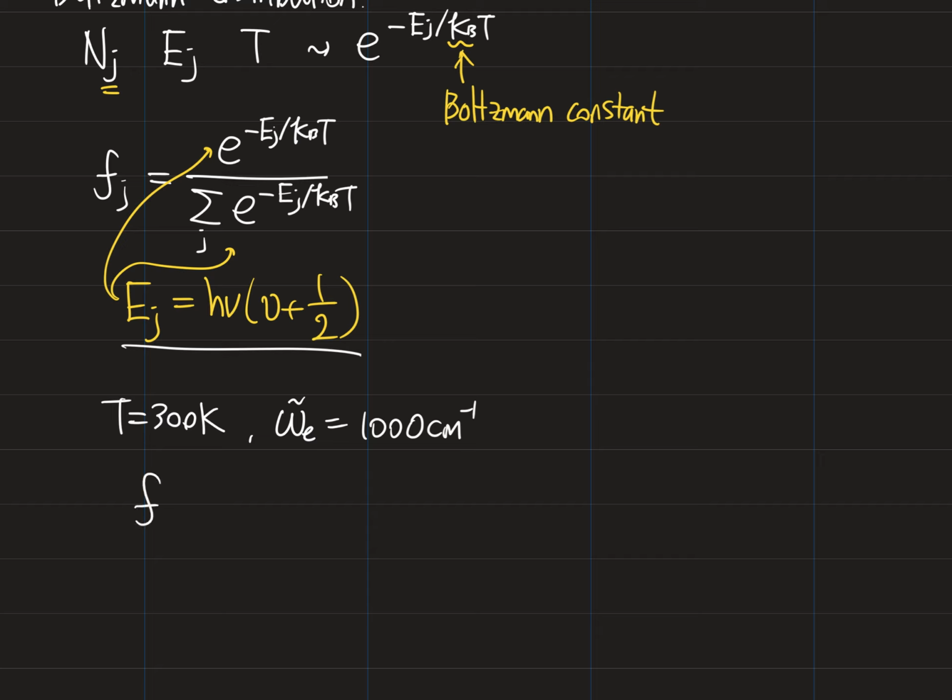If you calculate the portion in the vibrationally ground state, it is nearly 1, exactly 0.9997 something. That means in the vibrational spectrum, nearly all the molecules stay in the ground state.